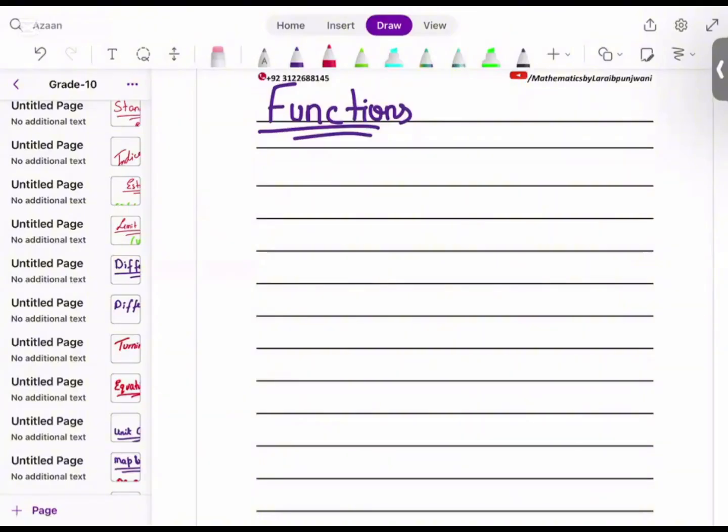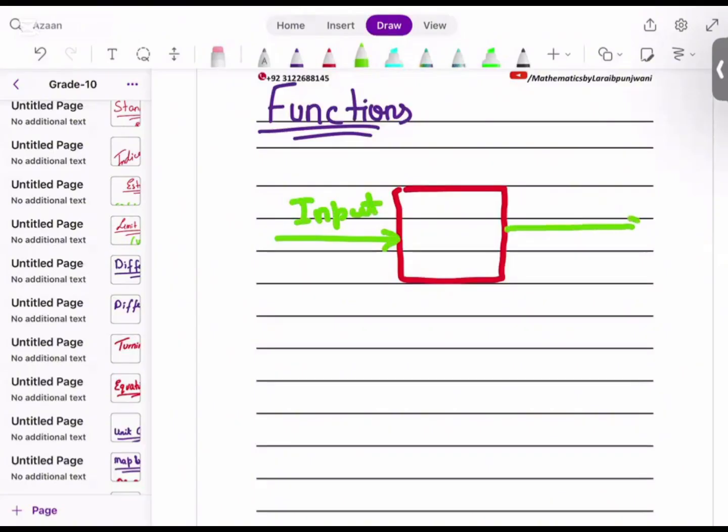For example, this is a machine I have, and I'm giving some input in this machine. And this machine produces some output. So this is known as a function.